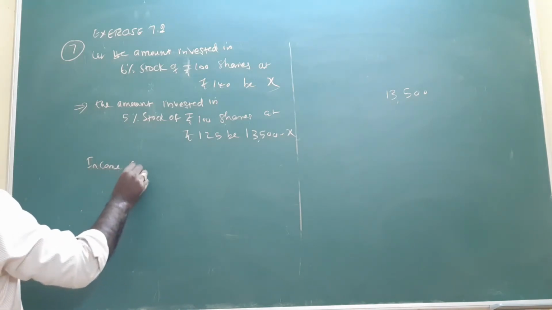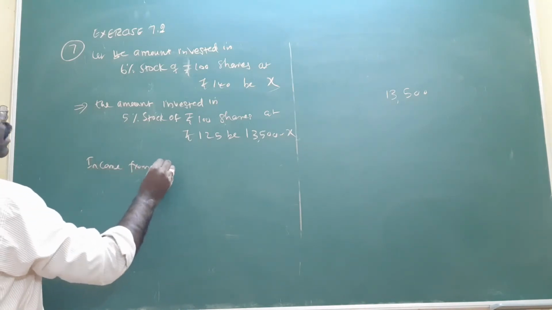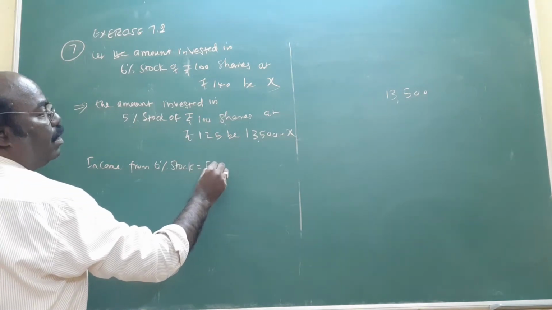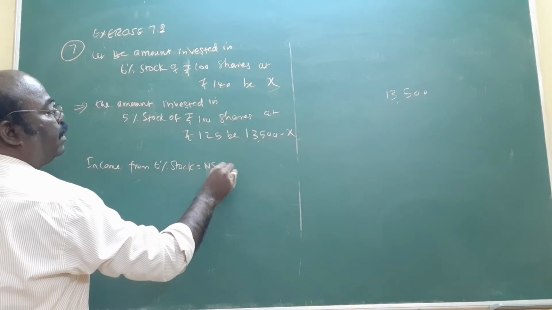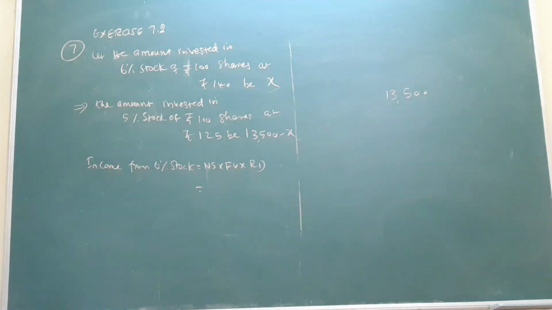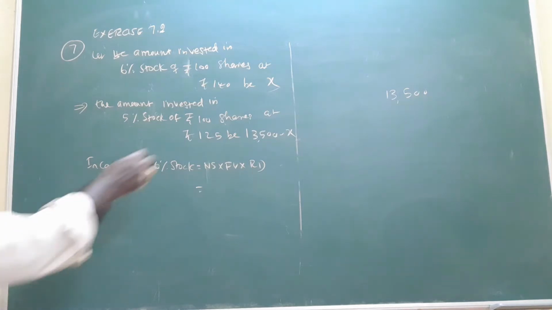Income from 6% stock is equal to, what is the formula? Number of shares into face value into rate of dividend. Number of shares is equal to investment divided by market value. What is the investment?